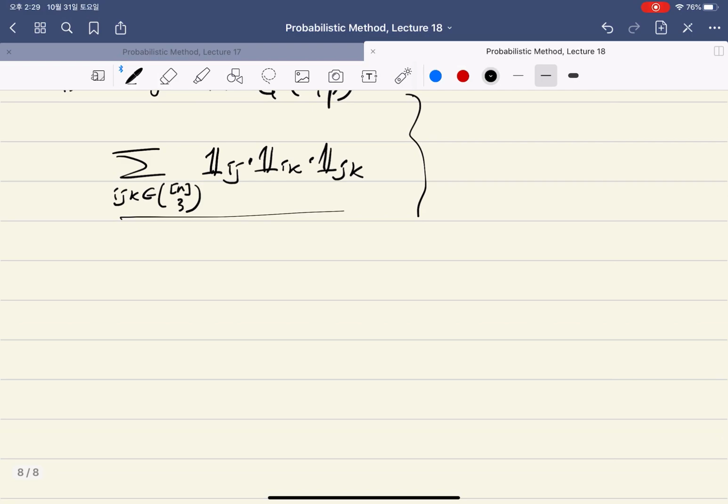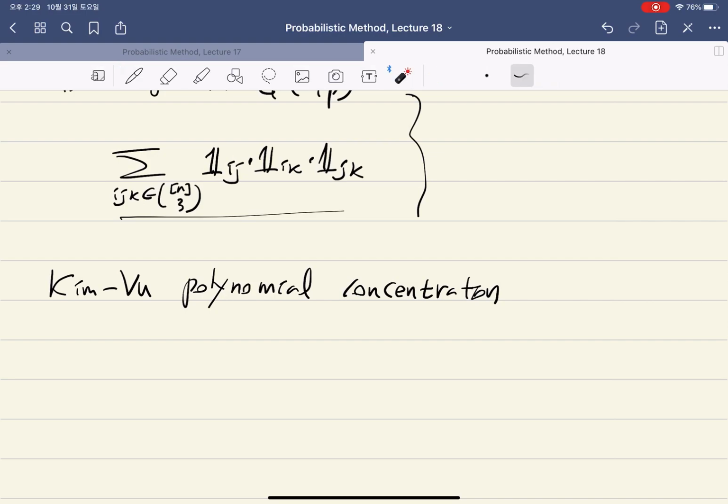There is this result called Kim-Vu polynomial concentration. Here Vu is Van Vu and Kim is Jeong Han Kim, who is at KAIST now.